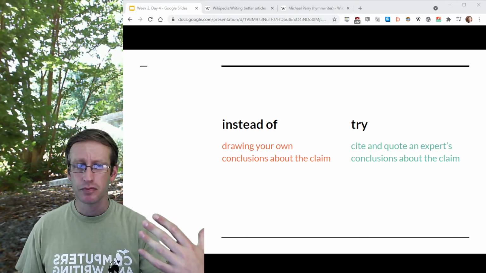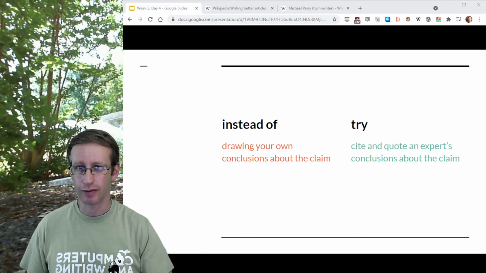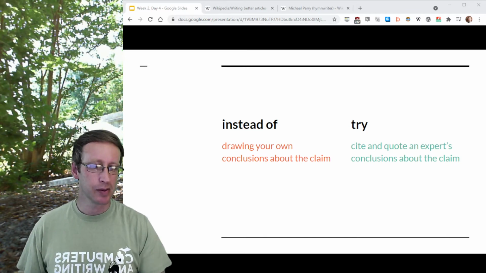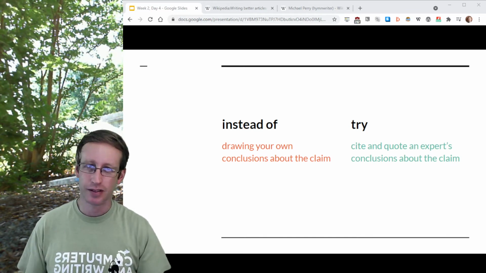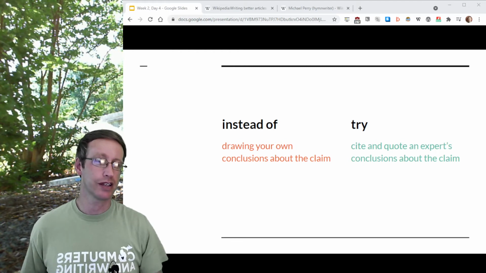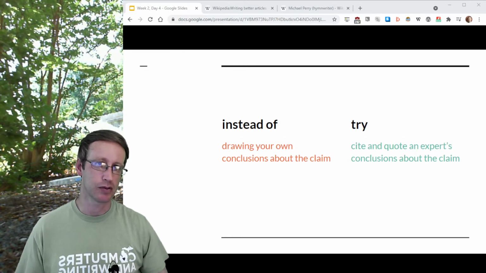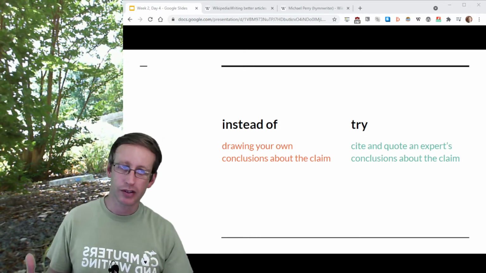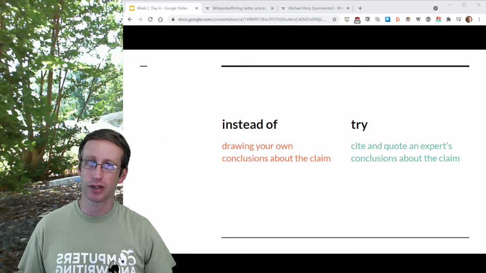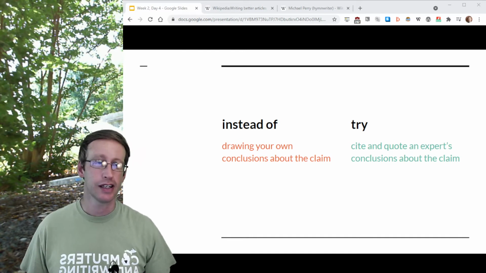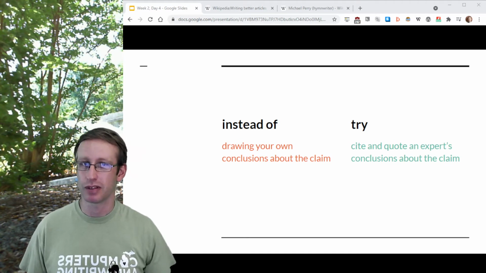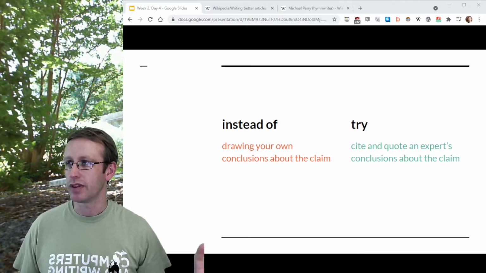So we have to all understand our tendency to be manipulated by our emotions, and that's what you're doing whether you realize it or not. If you just look at a question and decide if it's true or false, you are not doing that. Instead, you should find an expert who has concluded yes or no, quote them, and tell me why you believe that their answer is the best one. So that's what you really should do.